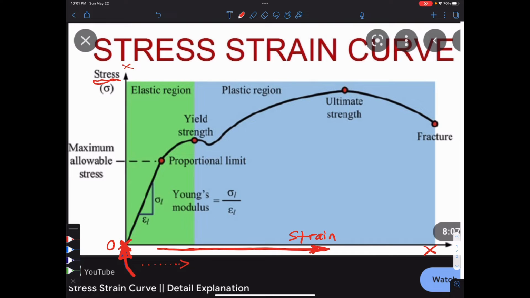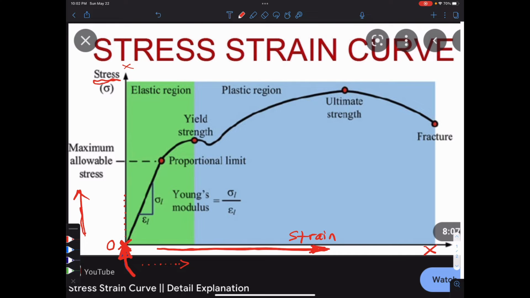But we're not staying on the bottom line here, because the bottom line would suggest 0 stress, because our stress goes up as we move vertically on this graph, right? And we know it takes some force. Now, slinky is pretty soft, so it doesn't take a lot of force, but there's a little bit of force going into our slinky. And so that means we're also creeping up this graph this way, okay?